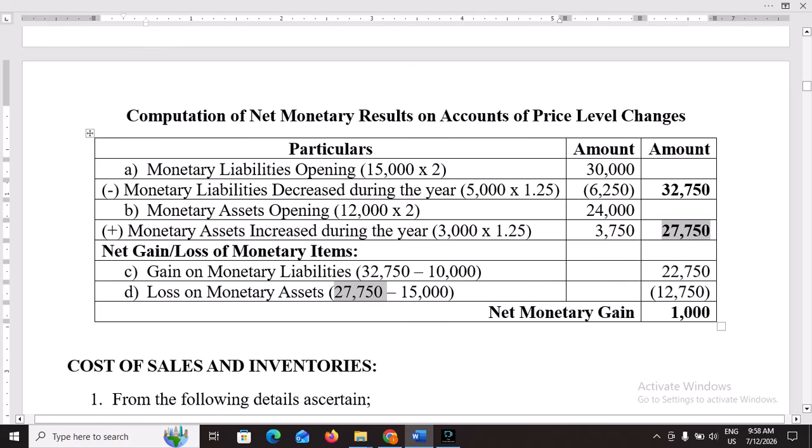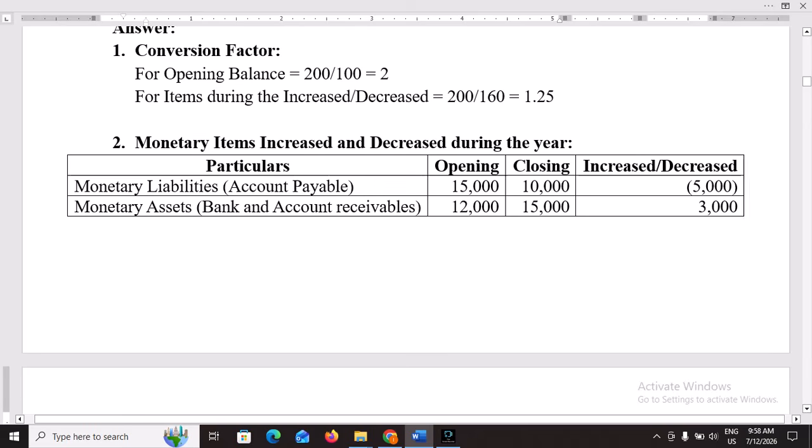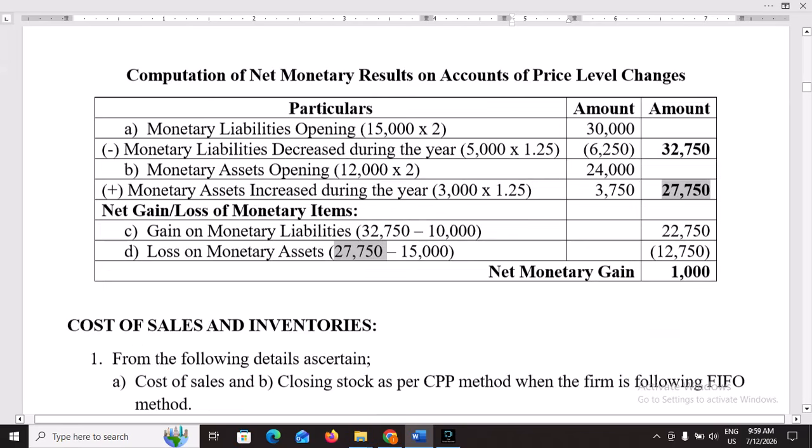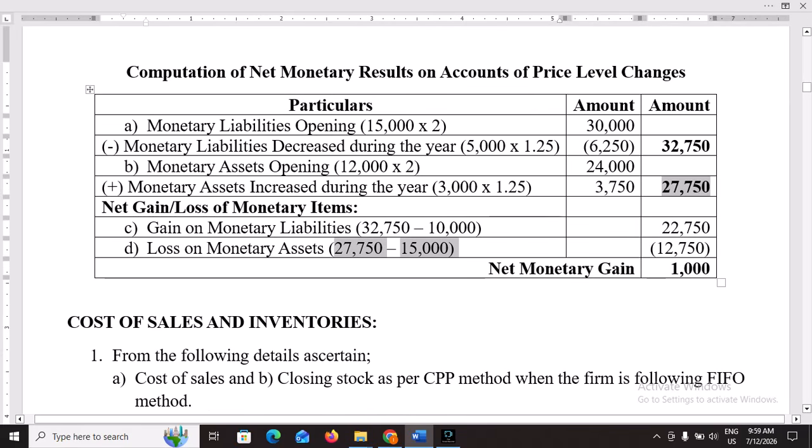Now assets is 27,750 minus closing monetary assets of 15,000. 27,750 minus 15,000 is 12,750. Positive on monetary assets means a loss, so loss on monetary assets.